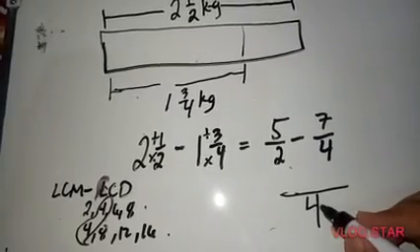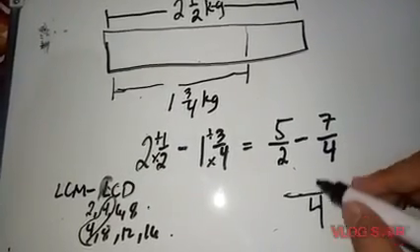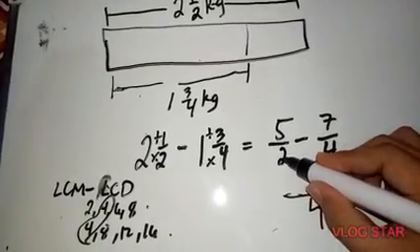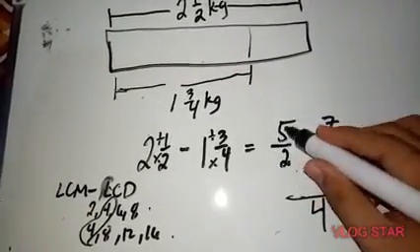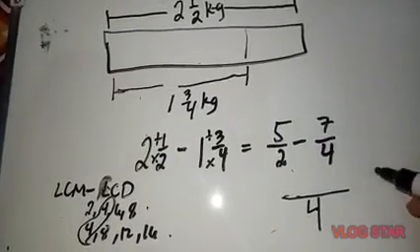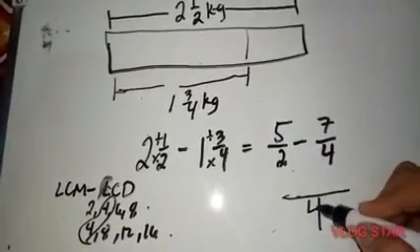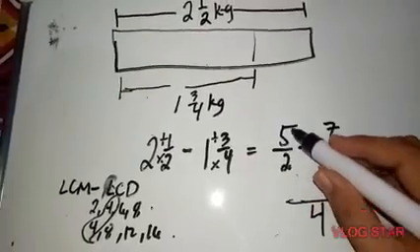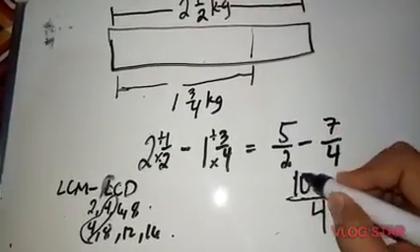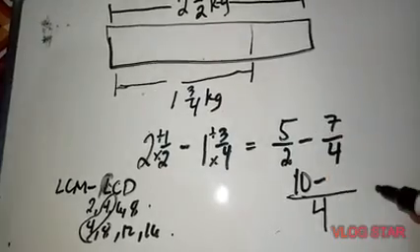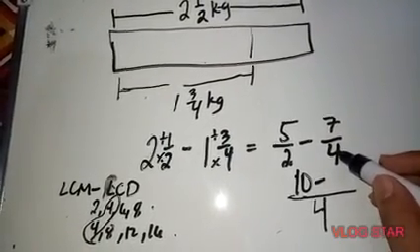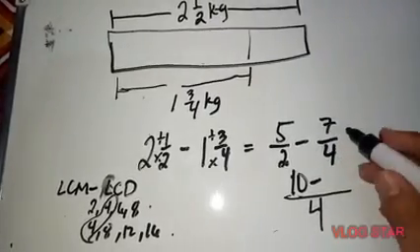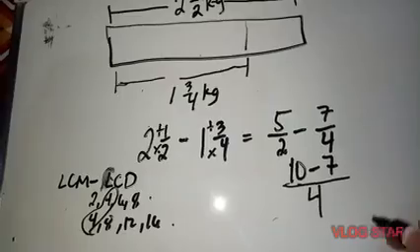Then after that, 4 divided by the denominator, which is 2. 4 divided by 2 is 2, times 5, the answer is 10. Then the subtraction sign, 4 divided by 4 times 7, the answer is 7.